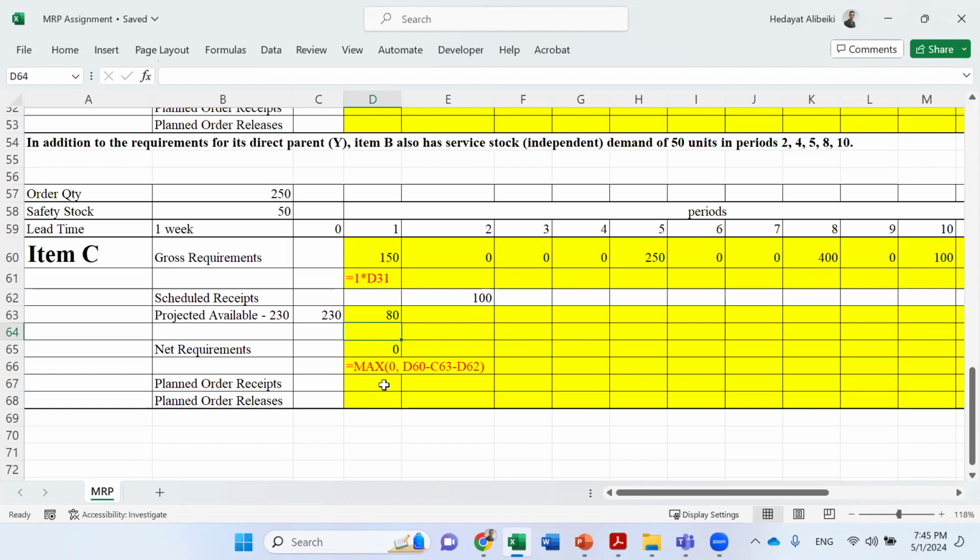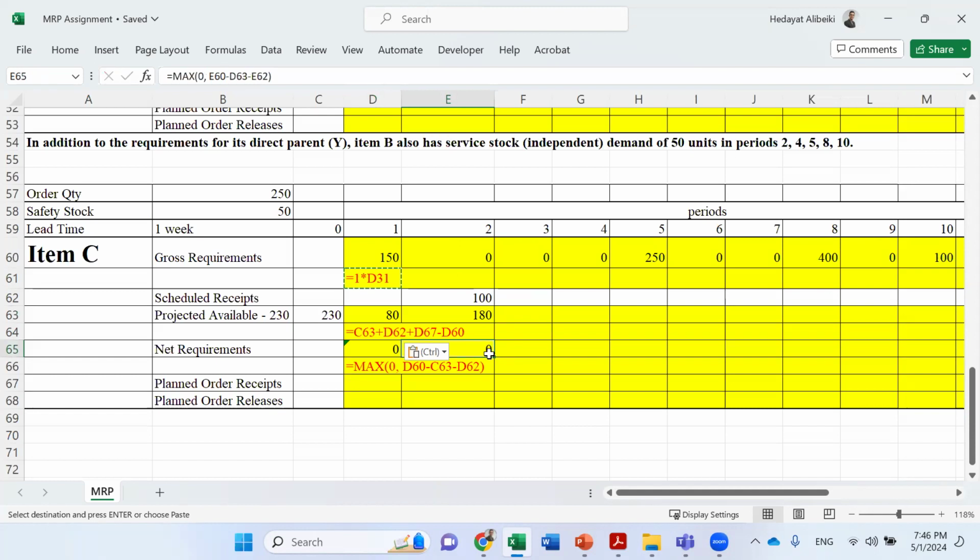Then moving to the next week, we have 0 net requirement, but on-hand inventory now, because we have a scheduled receipt for week 2, is going to go up to 180. Let me put the formula correct. So inventory is going to go up to 180.